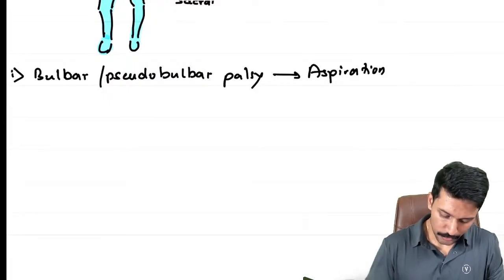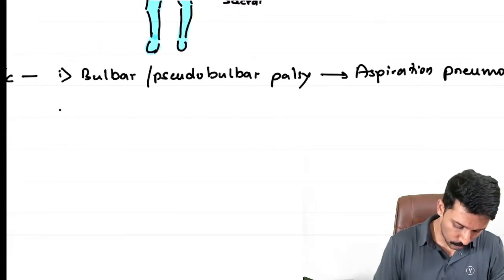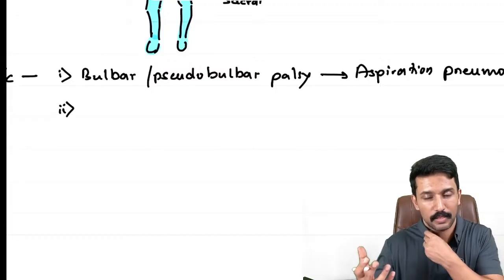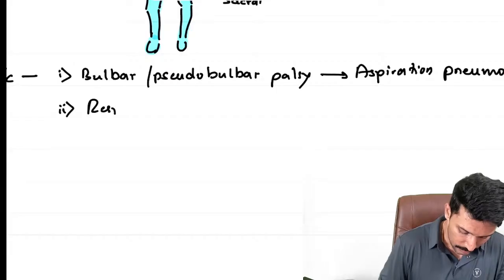So aspiration pneumonia is one of the most common causes of death. And the second most common cause of death is, if the thoracic segments are where UMN or LMN are dying, that can result in respiratory failure.